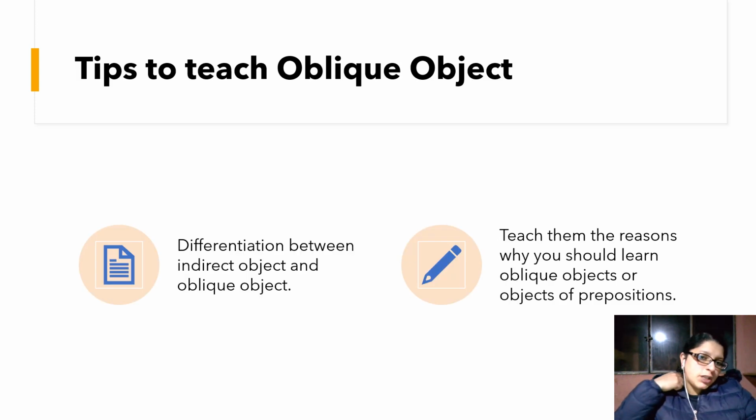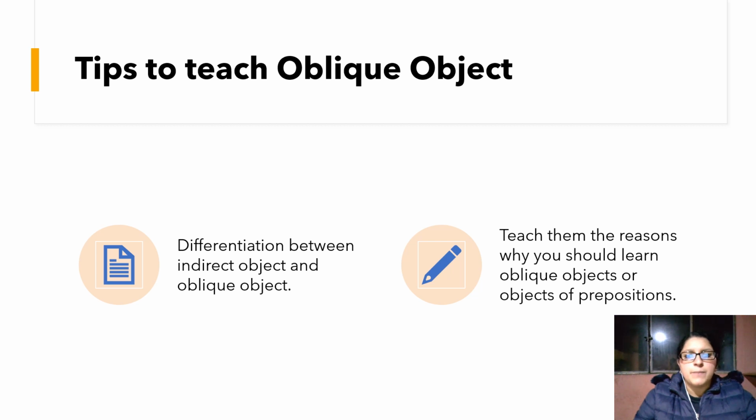The tip for teaching oblique objects is for students to learn to differentiate between the indirect object and the oblique object. And their difference is that the oblique objects occur in a prepositional phrase.